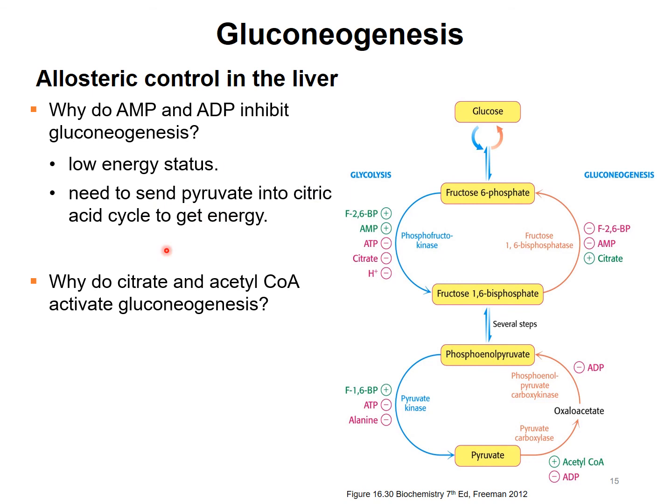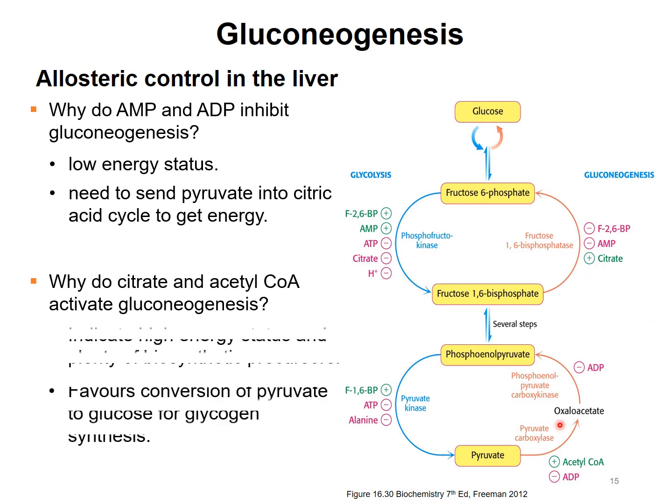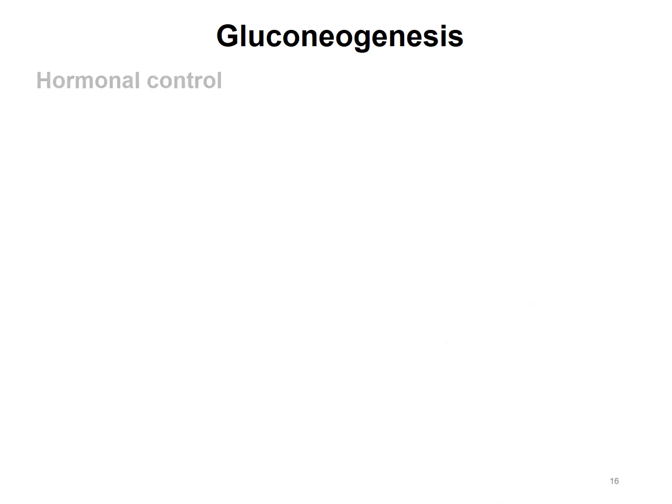Now, likewise, why do citrate and acetyl coenzyme A activate gluconeogenesis? That's because they indicate a high energy status, and it also means that we have plenty of biosynthetic precursors. So this favors the conversion of pyruvate into glucose and ultimately the synthesis of glycogen for storage purposes.